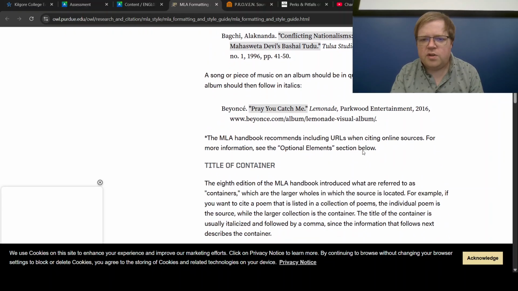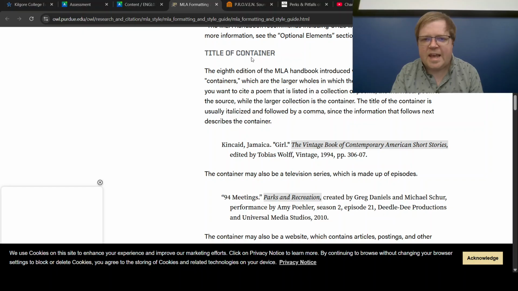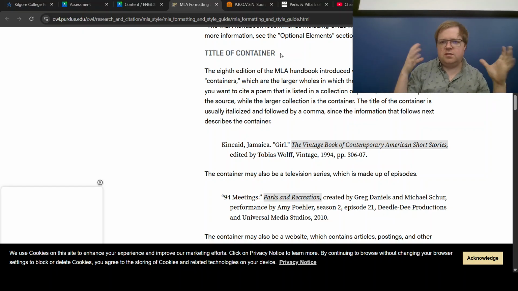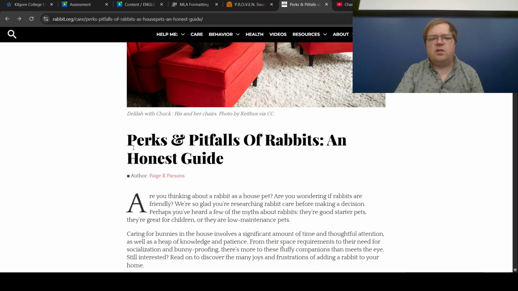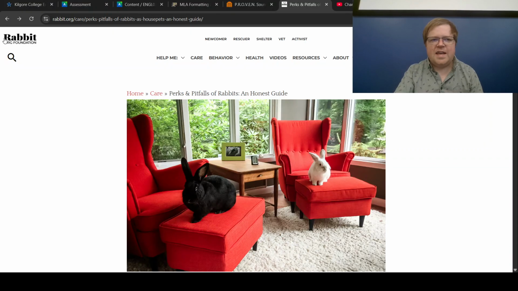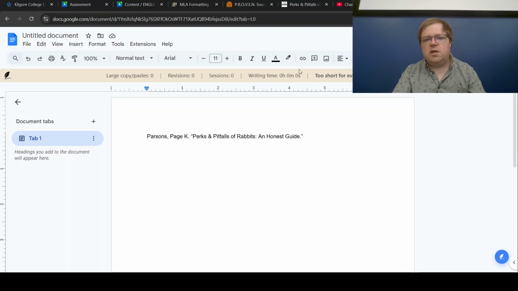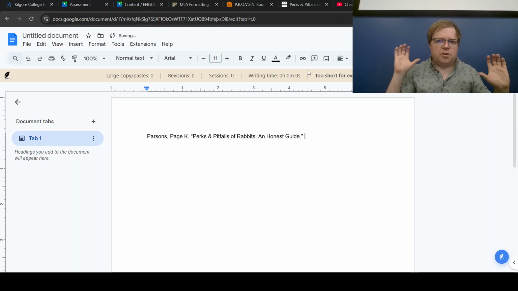Next, we need where it came from. So title of container means what this article was in. The article itself is Perks and Pitfalls of Rabbits, an Honest Guide. The container is rabbits.org Foundation. So we're going to write that out here, and that is going to be in italics. The larger container that something comes in, like a book or a movie, is going to be in italics. The smaller article or chapter or scene or something like that is going to be in quotes.